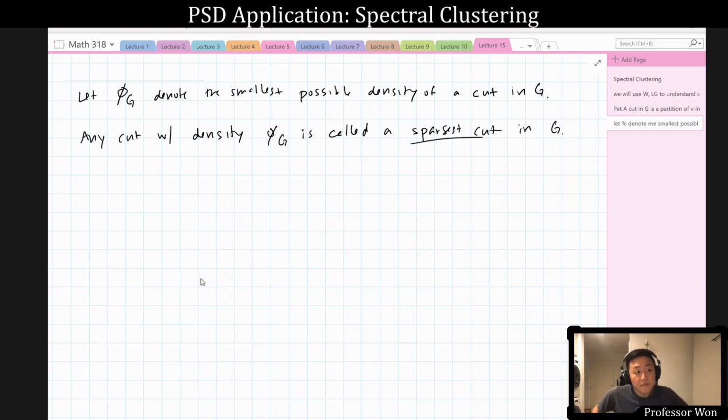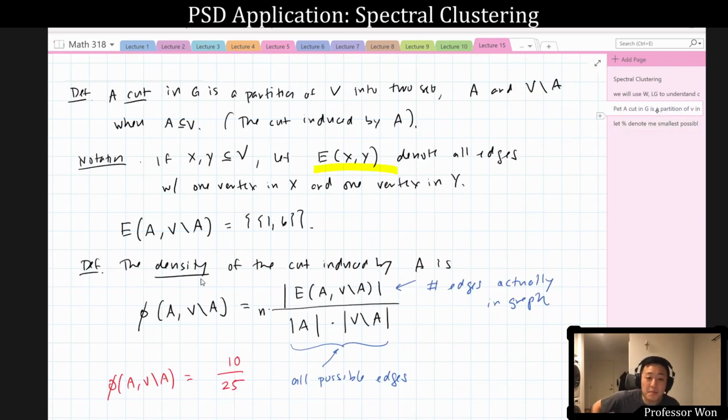Now, finding the sparsest cut in a graph is, I believe, an NP hard problem. And if you think about why, if your graph has n vertices, how many possible cuts are there? It's just the number of subsets of the vertices, right? Every single subset of your vertex set is a possible cut, which means that there's roughly 2 to the n possible cuts.